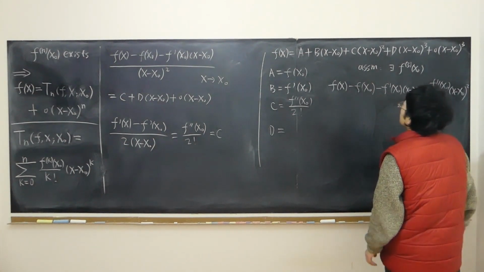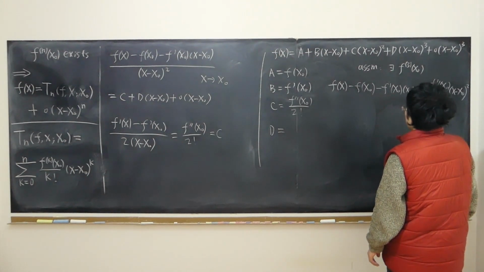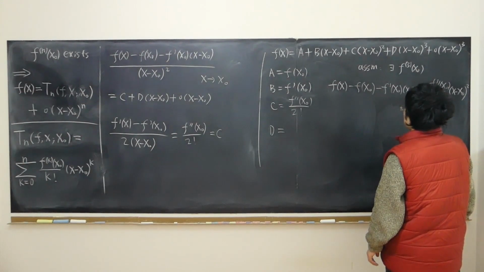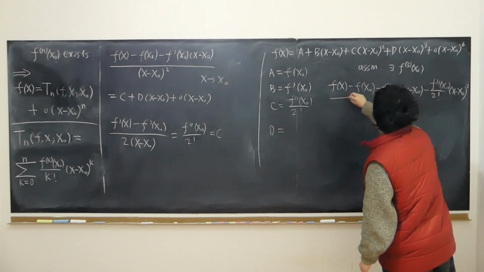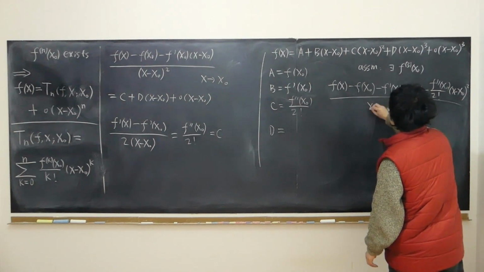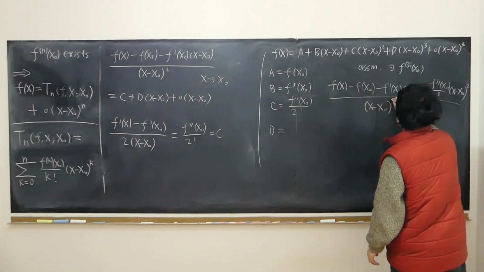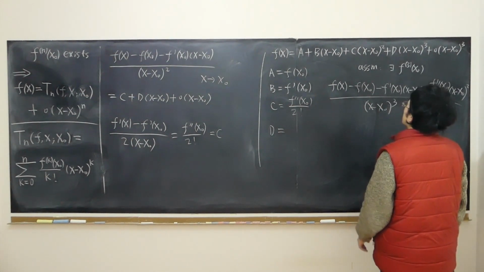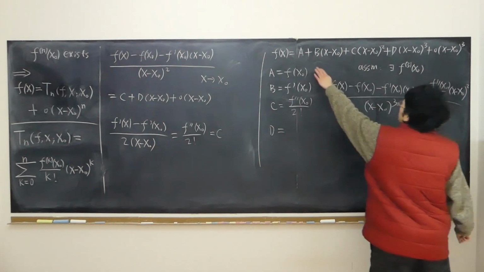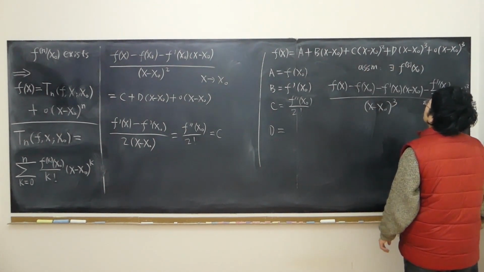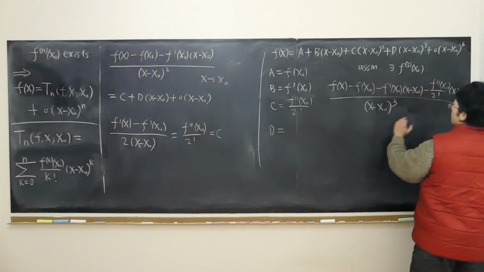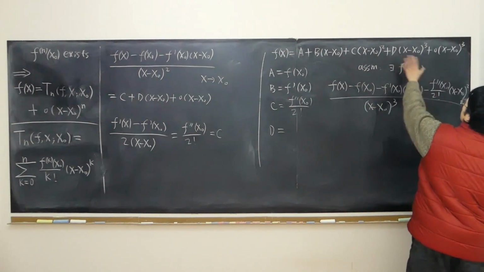And we divide everything by x minus x naught to the power of 3. That's on the left-hand side. On the right-hand side, this and this are gone, and this divided by this is just d.